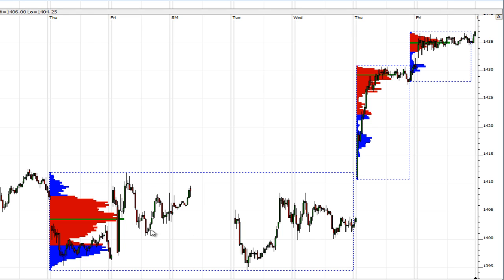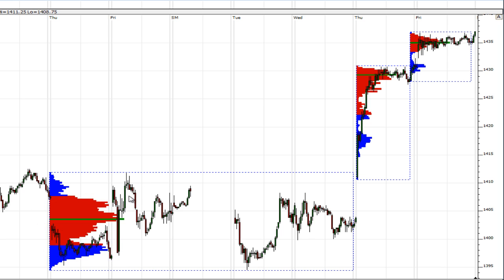And now it's much easier to see that here, right, and these prices right here, from around 1403 to 1407, it was a big volume cluster, a big high volume node, and down here too was another high volume node. Now we can see that very quickly in one instance.